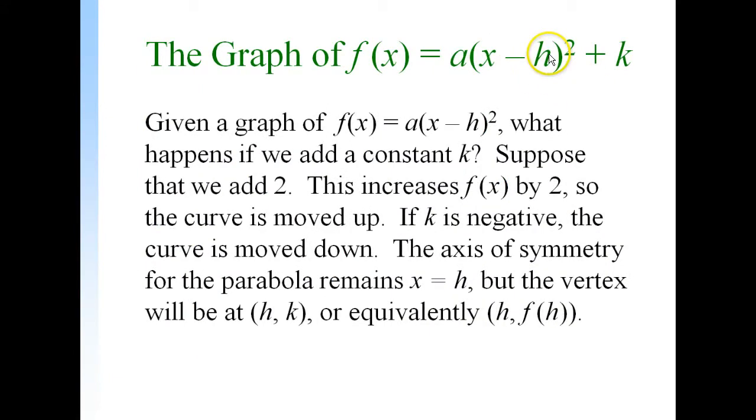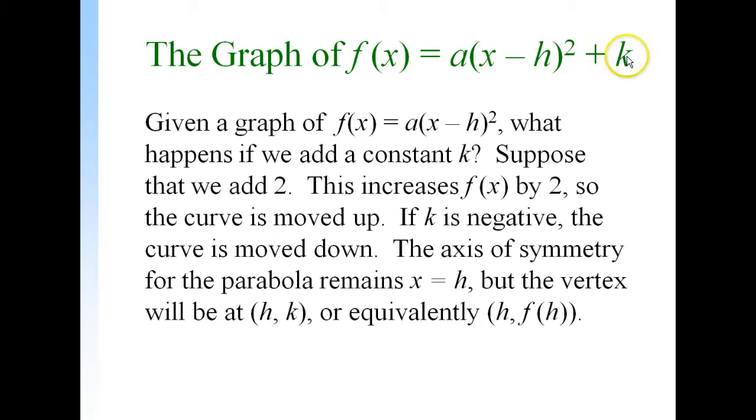Now, in the last formula, we are doing basically this part. There's our h. Remember, that's some value along the x-axis. And k, you might recall in that old slope-intercept formula, y equals mx plus b.